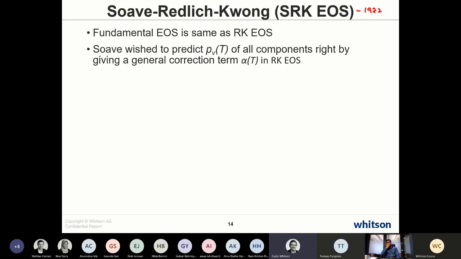So you could get accurate K values for all components in natural gas and petroleum systems at pressures less than about 100 bar, 1,000 psi, just by knowing that the vapor pressures were predicted accurately. That was the big development by Suave.